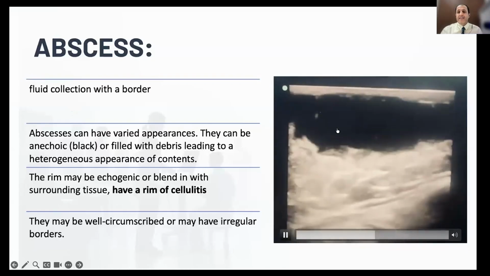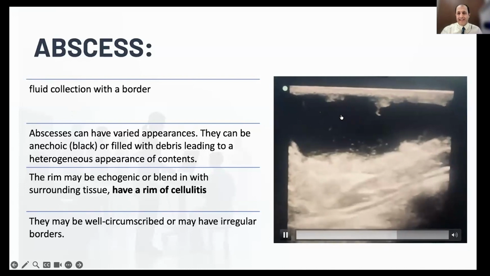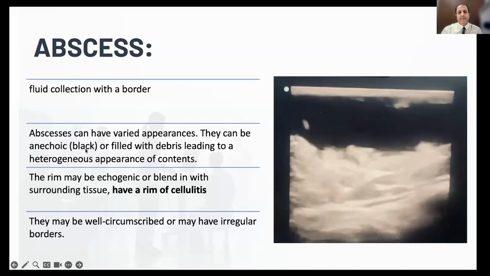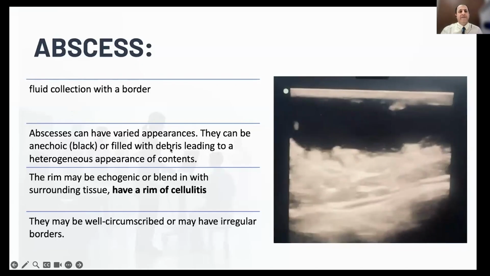In the abscess, we don't have just one unique pattern. You may have some abscess with anechoic pattern, black, or some of them may have debris, heterogeneous or homogeneous appearances. So different abscesses have different appearance, and there is sometimes a rim of echogenicity around the abscess.